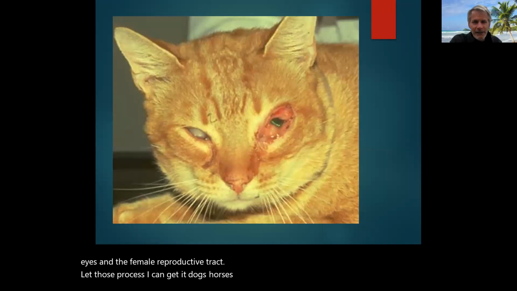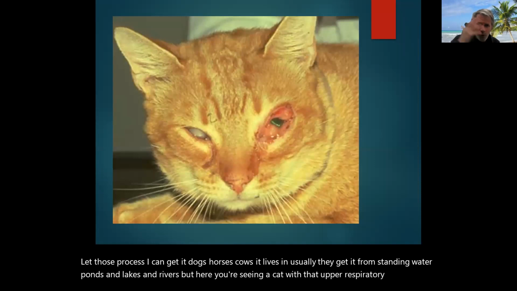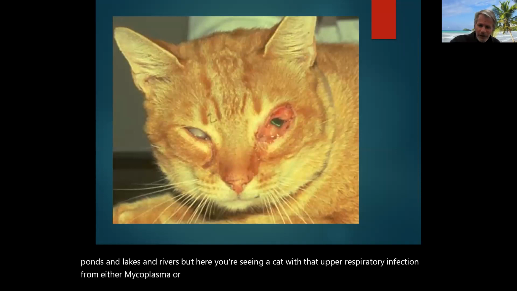They usually get it from standing water, ponds and lakes and rivers. But here you're seeing a cat with that upper respiratory infection from either Mycoplasma or Chlamydia, causing that really horrible conjunctivitis, that inflammation of the conjunctiva.